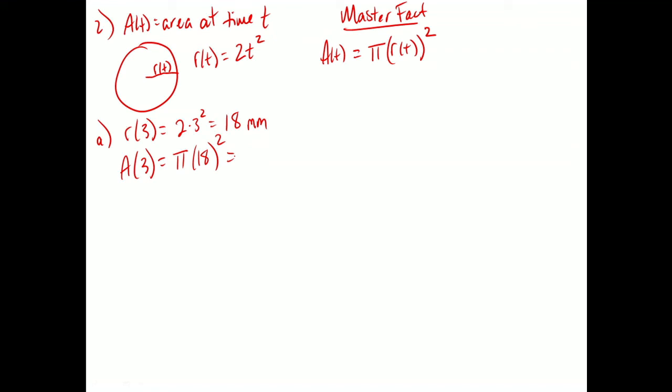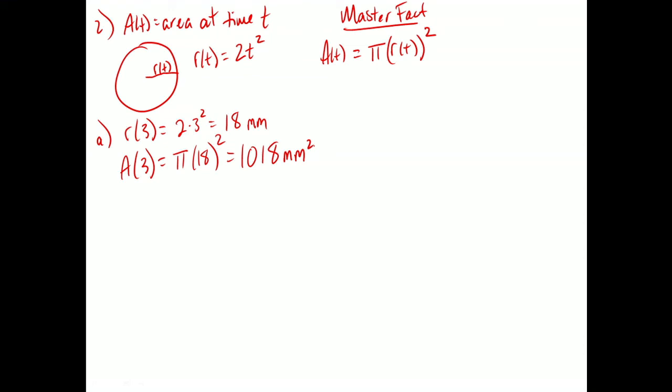Your calculator has a pi key that you can use, or you can just use 3.14. That's fine too. We're not really looking for super official answers here. I get about 1,018 square millimeters, rounding to the nearest unit.